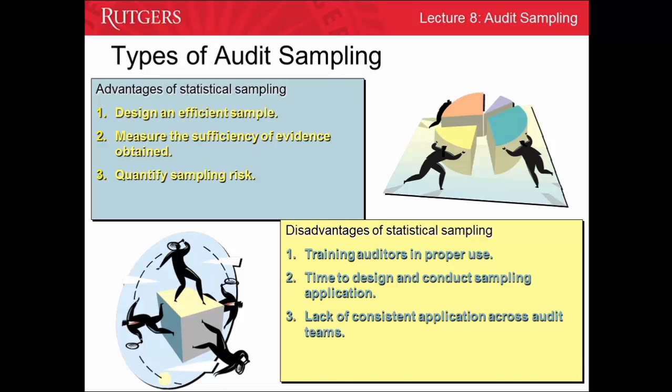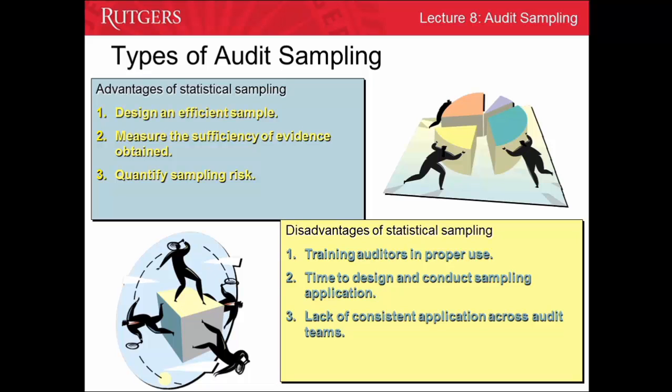The disadvantages of statistical sampling include additional costs of training auditors in the proper use of sampling techniques, and designing and conducting the sampling application, and lack of consistent application across audit teams due to the complexity of the underlying concepts.